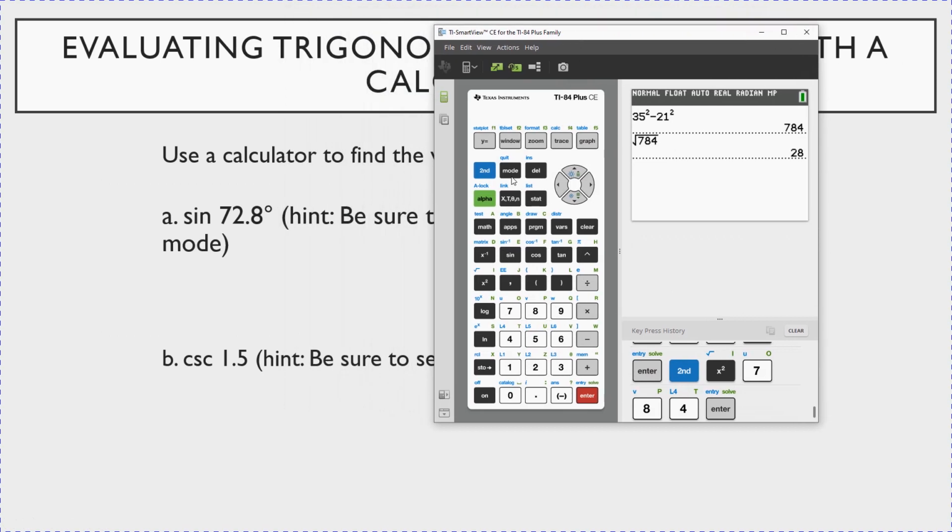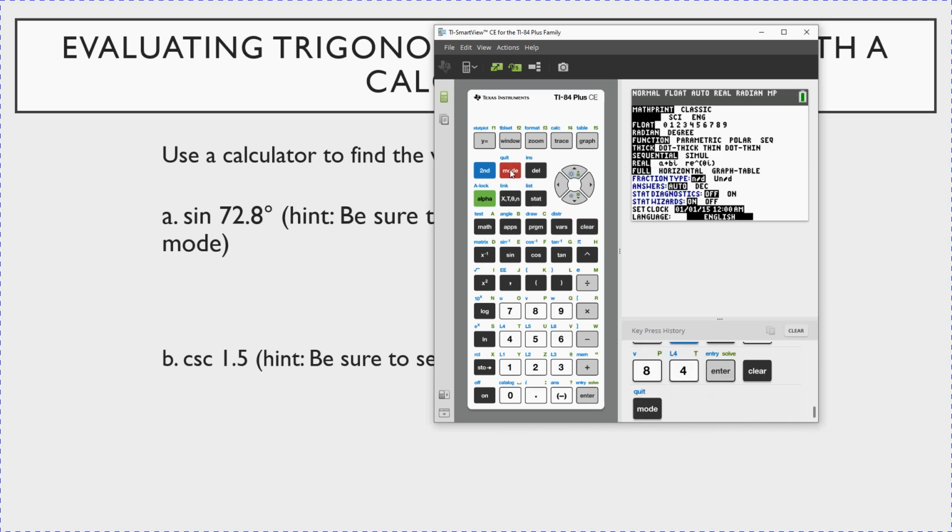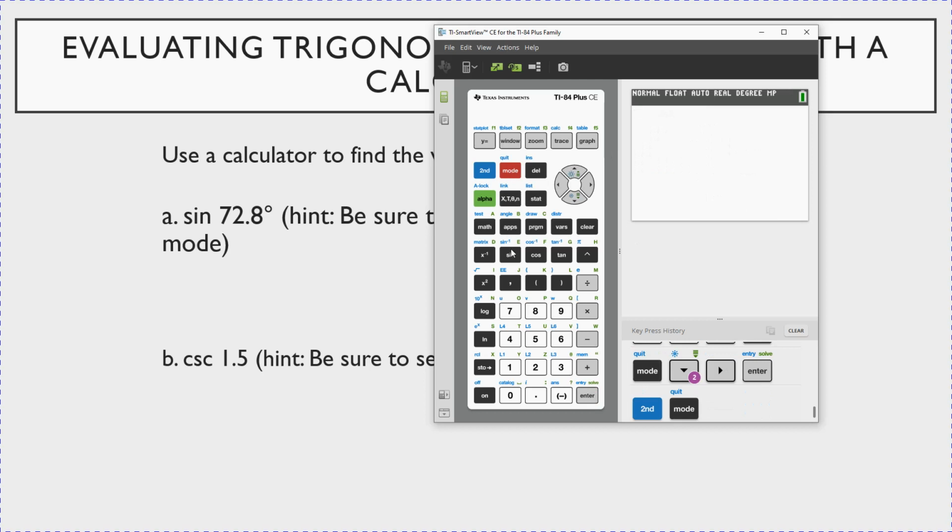On your TI-84, there's a button that says mode, and if you scroll down, there's something called radians. It starts off in radians, and I'm going to click to set it to degrees. Now I'm going to press sine, type in 72.8, and close the parentheses. And look here, it's 0.9553.